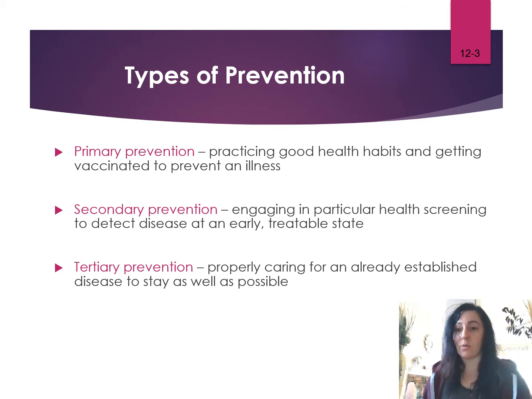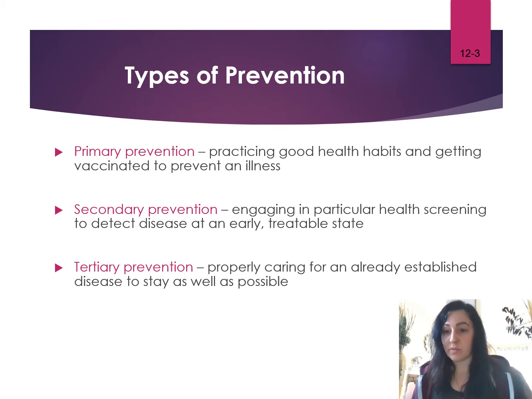Another example of this could also be if you were bedridden. I give this example a lot. If you were bedridden in the hospital, maybe you just had surgery or something. One thing that they do that would be an example of tertiary prevention: if you're bedridden, you tend to bruise.